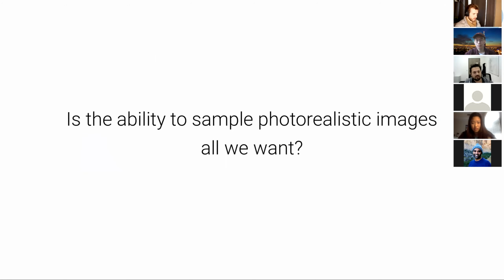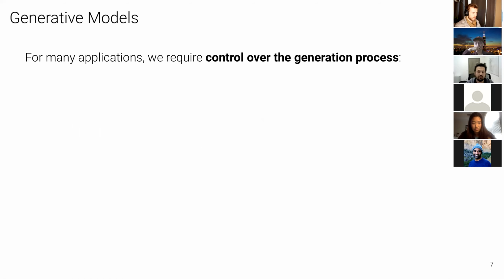But here you can ask, is the ability to sample photorealistic images actually all we want from our model? Here I would argue, as many do, that what we want is control over the generation process.